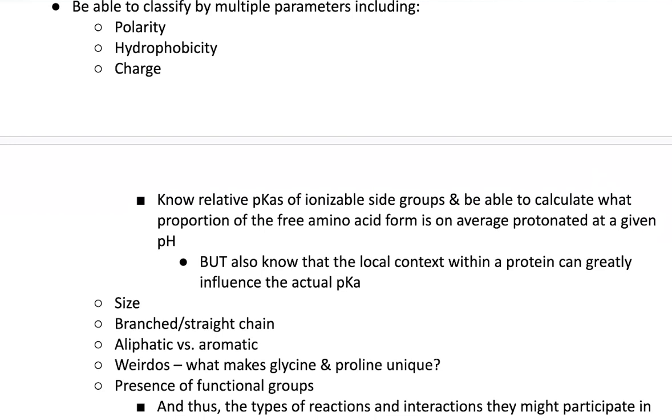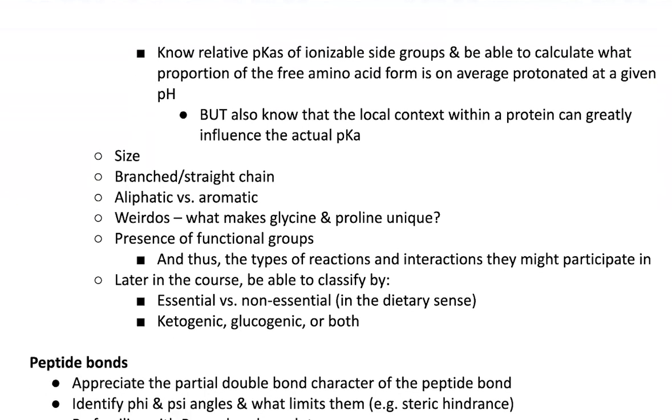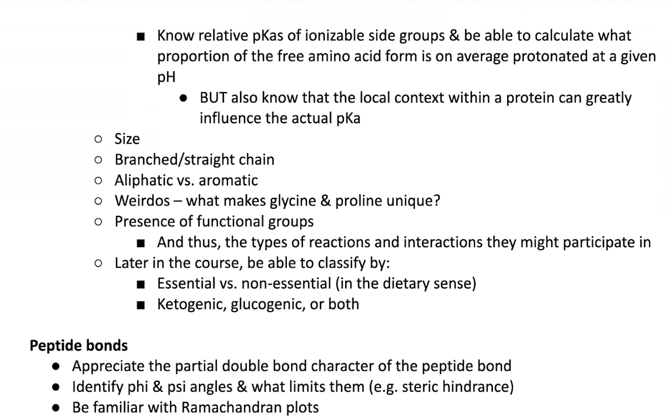This is what we talked about before, but also note that the local context within a protein can greatly influence the actual pKa and the actual pH. This is one of the reasons why we can get the deprotonation of lysine in the context of an active site of an enzyme, and therefore have a strong nucleophile that can drive a reaction.